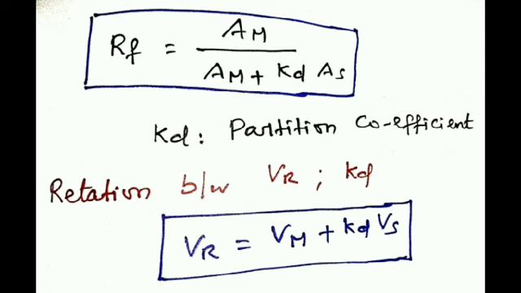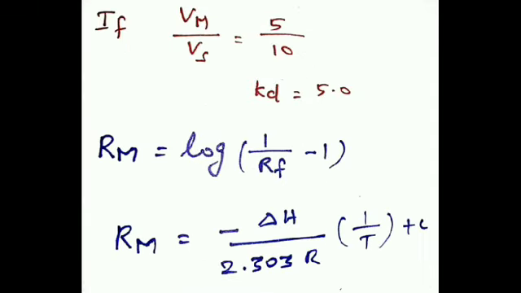VR minus VM is the adjusted retention volume, and (VR minus VM) by WL is the specific retention volume. If VM by VS equals 5 by 10, the solvent should have KD equal to 5.